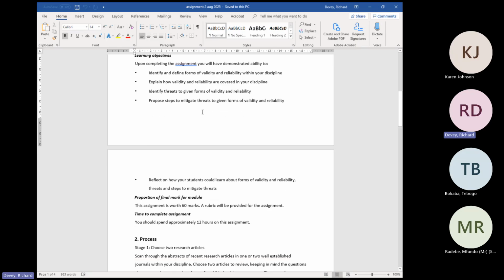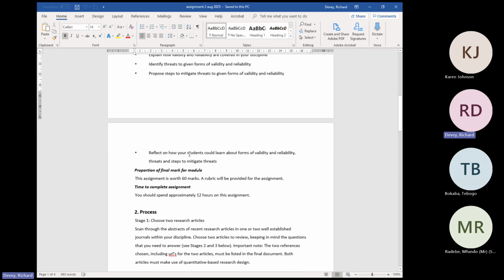Identify threats to given forms of validity and reliability, and then propose steps to mitigate the threat. So what kind of validity do the researchers talk about in the paper? Do they identify threats to that validity, and what steps do they take to mitigate those threats?